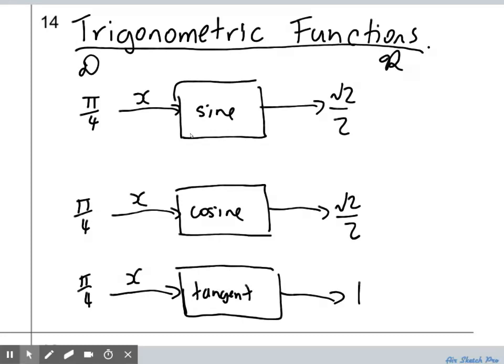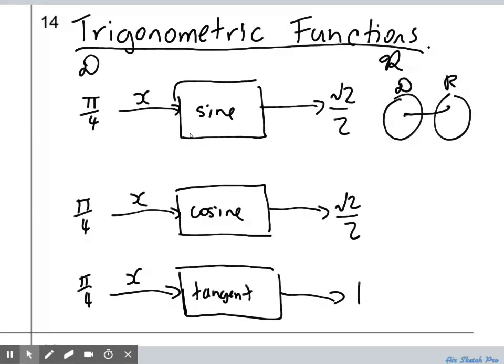Now, the cosine of pi on 4 maps to the same value, root 2 on 2, but that doesn't matter. And it's also true that if I go 180 minus 45, so pi minus pi on 4, so 3 pi on 4, that's also root 2 on 2.